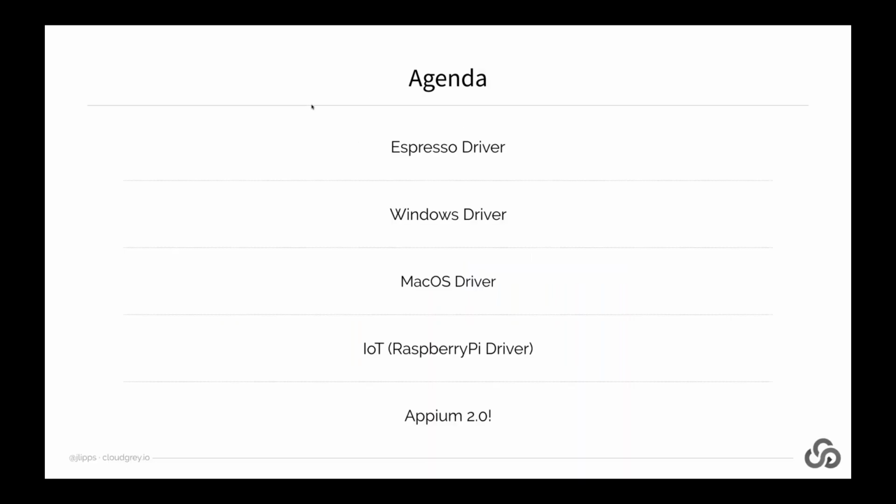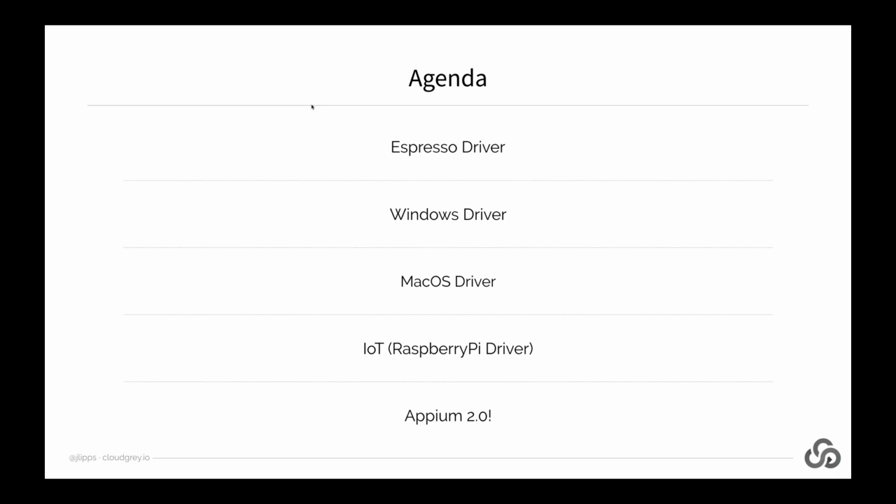So today we're going to have a brief introduction and tour of 4 drivers which are part of the Appium driver bucket that you might not have used before. We're going to talk about the Espresso driver, the Windows driver, the macOS driver, and the Raspberry Pi driver, which is for testing IoT devices.